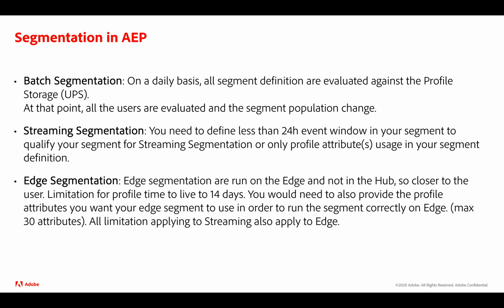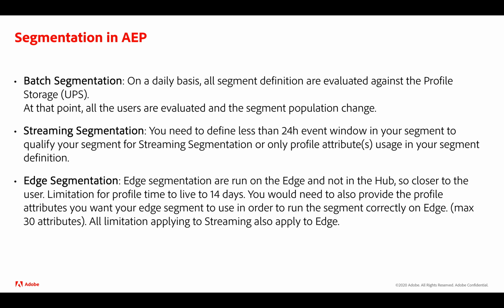You can call them audiences, and you are going to have a different number of profiles based on that. Batch is done on a daily basis, so every 24 hours. This is done, it could be at night, it could be at day, and this is the default setup when you create a segment.